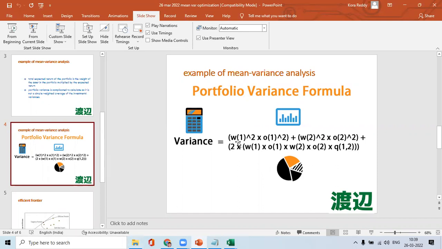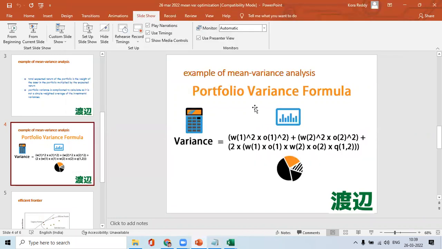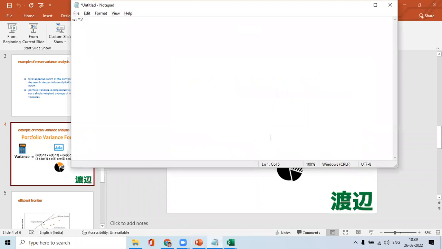The variance is simply W1, the weight of the portfolio, power 2, and this notation sigma 1 is the standard deviation, into standard deviation of 1 power 2, plus the same thing for 2, that is the portfolio 2. Weight 1 is gold, weight 2 is Nifty or something like that.